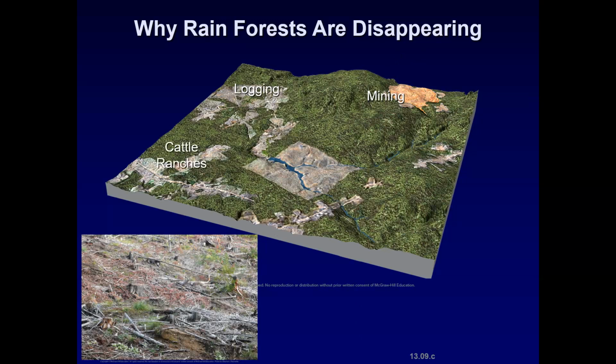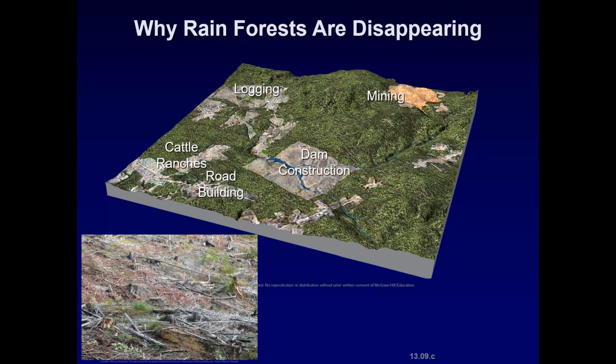Cattle ranchers are also pointed out as impacting rainforests because they have to remove the rainforest to make space for pasture grasses and the cattle themselves. If you build roads, construct highways to support industry, that can understandably destroy parts of the forest.